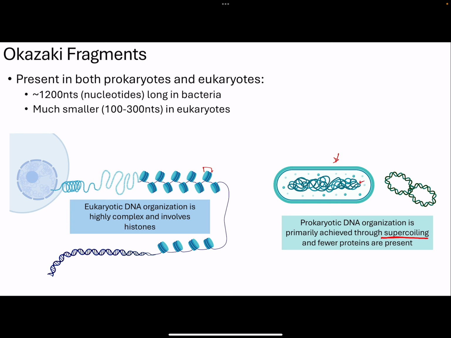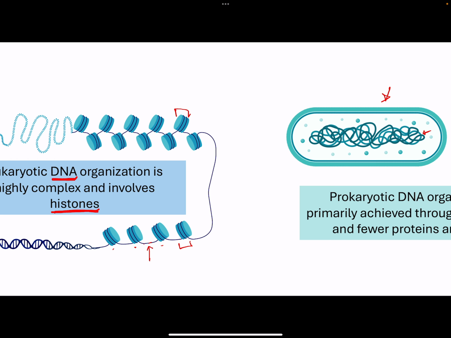So that process of overwinding or underwinding the DNA so that it backlashes on itself. In eukaryotes, DNA organization involves the role of histones, and those histones, which form nucleosomes, are going to be regularly spaced, for the most part, along the DNA. And as you'll recall from what we talked about with histone acetyltransferase and methyltransferase, the proteins, such as DNA polymerase, are going to be able to access the DNA in these regions between those nucleosomes.